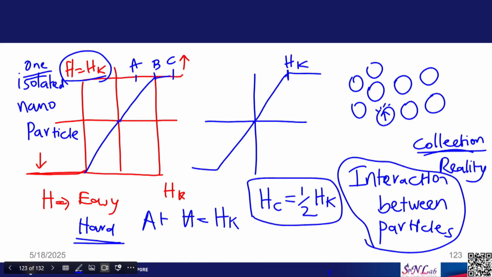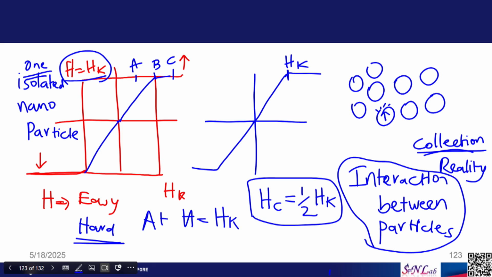This is a rough number. You do not pay too much emphasis to this one. So, approximately half of the anisotropy field, 50% of the particles would have reversed.